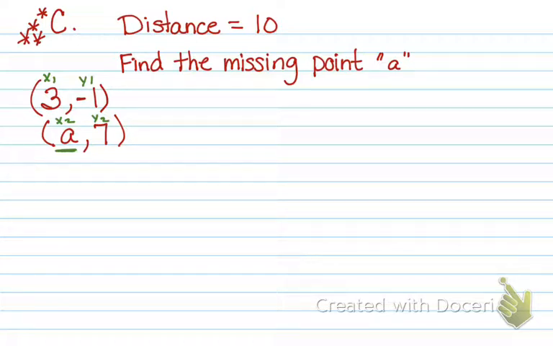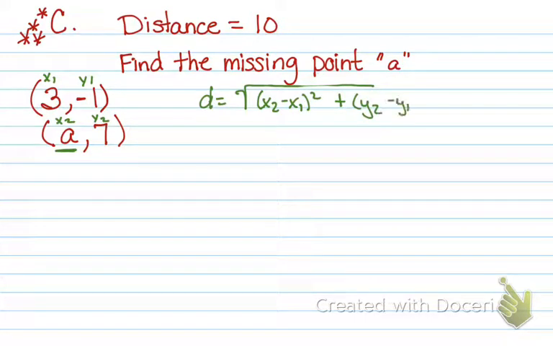So we're still going to use the formula. d equals the square root of the second x minus the first x squared plus the second y minus the first y squared. Let's plug in what we know. We don't know the second x, so we're going to call it a, minus 3 squared.